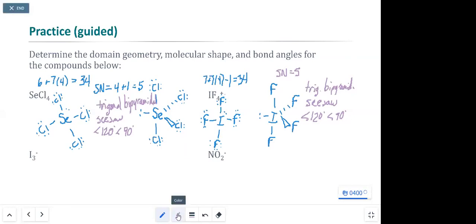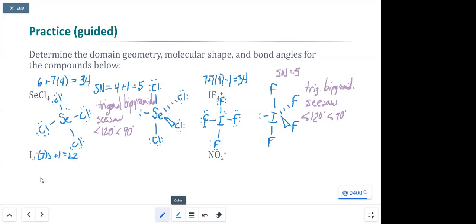All right, let's move on to the triiodide ion, I3-1. For iodine, we had 7 valence electrons times 3 plus an additional electron for that -1 charge is going to give us 22.